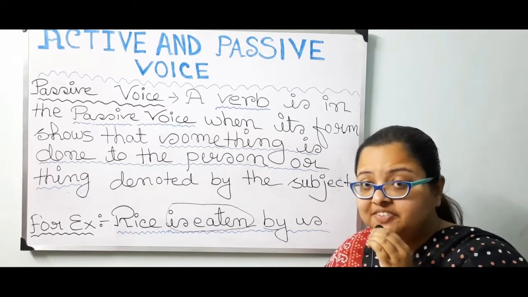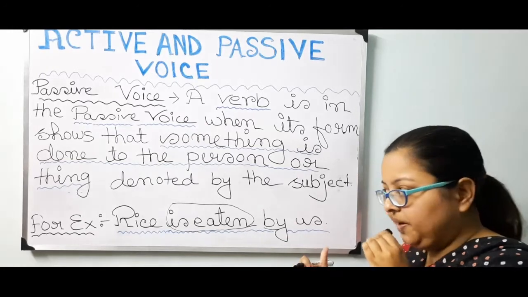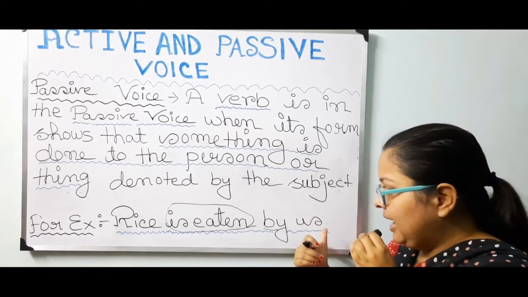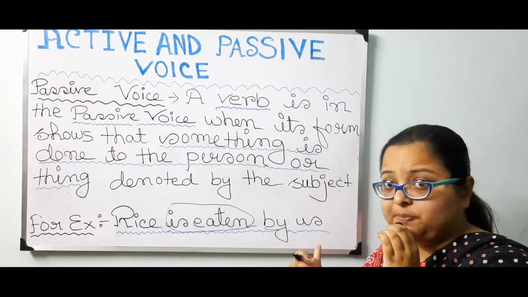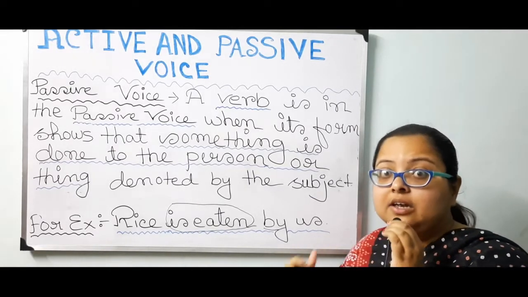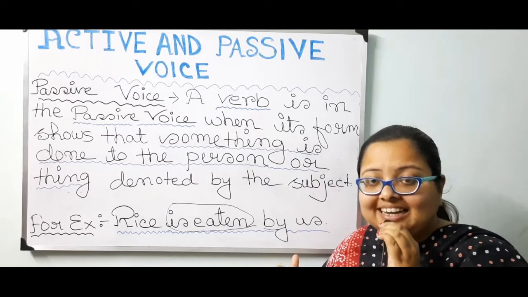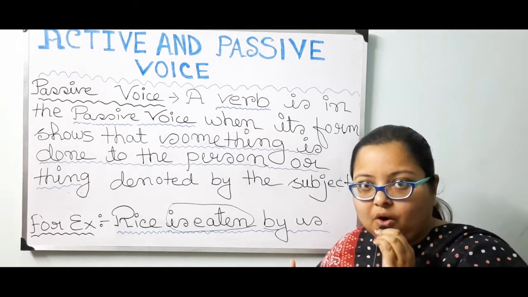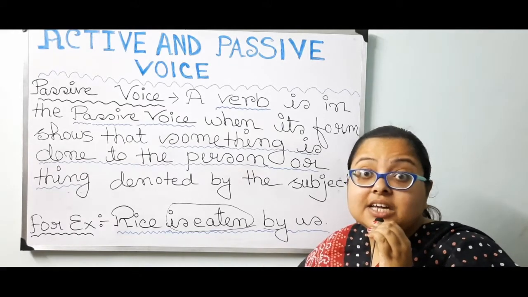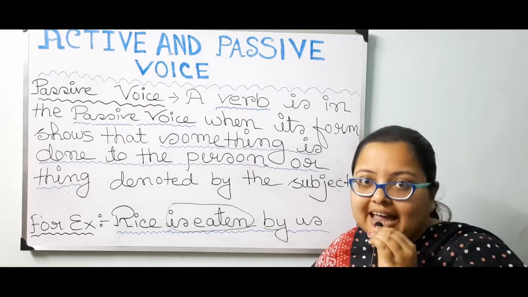By us. We has turned to us over here and has taken the place of the object of the passive voice. Basically, it is the subject of the active voice that has turned to the object of the passive voice, the receiver of the action.